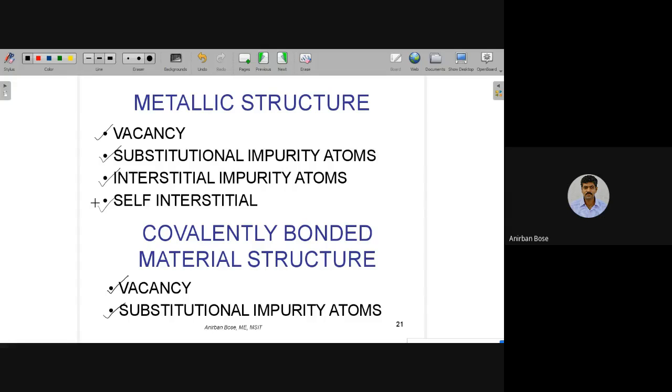The reason is very obvious. Covalently bonded materials are strongly bonded by localized sharing, right? They are sharing their electrons, and ultimately they are fulfilled with those electrons. So the atoms do not require any further electrons from the outside.